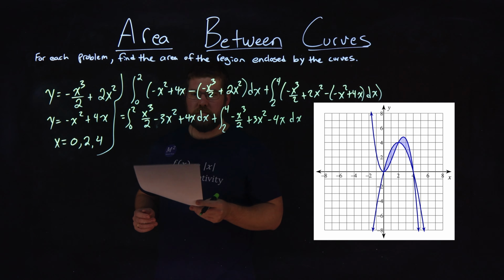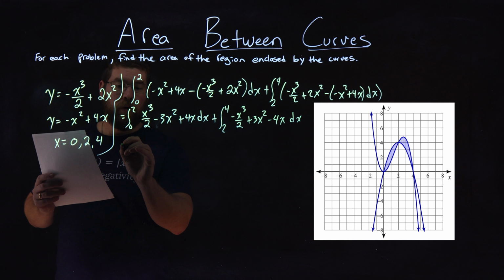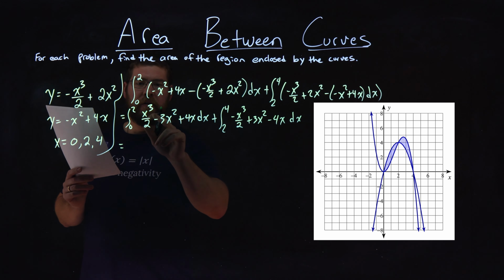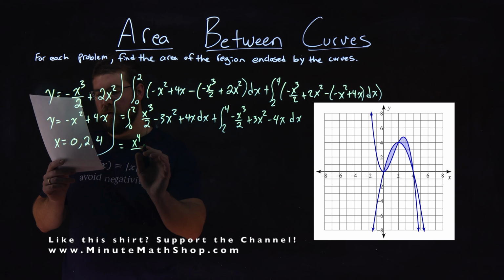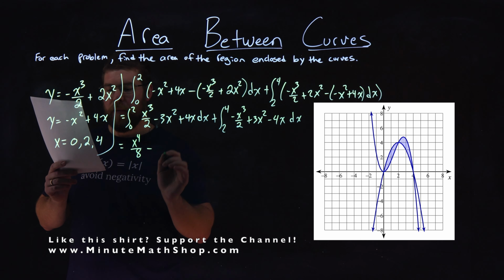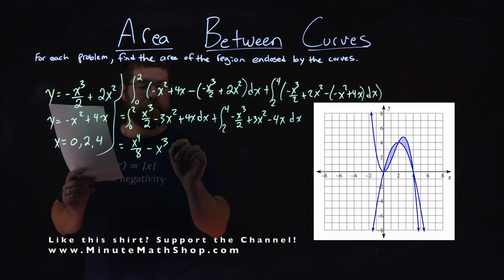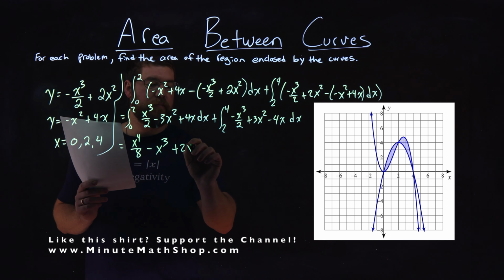Okay? So now from here, we need to find the integral of each one. So let's go do that. The integral of x cubed over 2 is x to the fourth over 8, minus the integral of 3x squared, which is x to the third power. And then the integral of 4x is 2x squared.